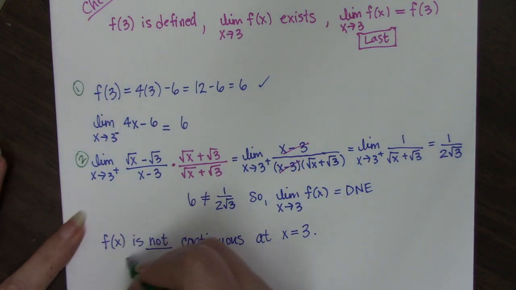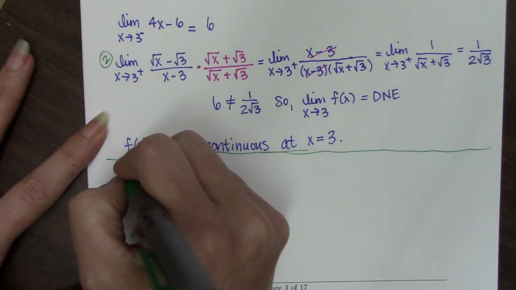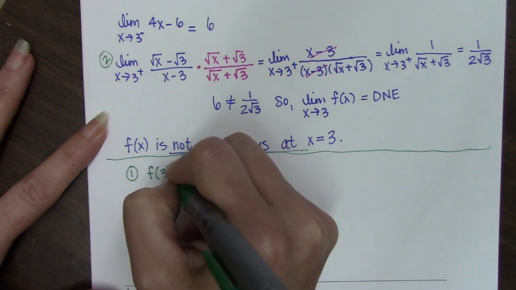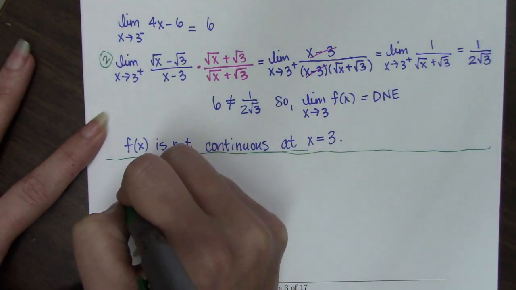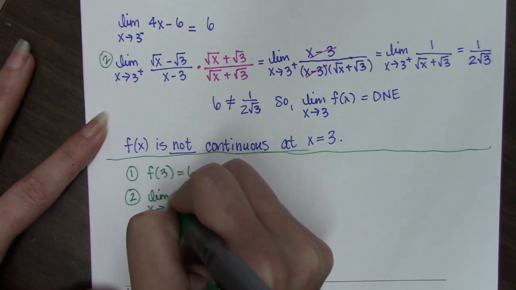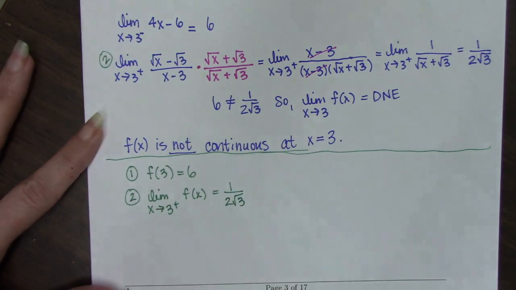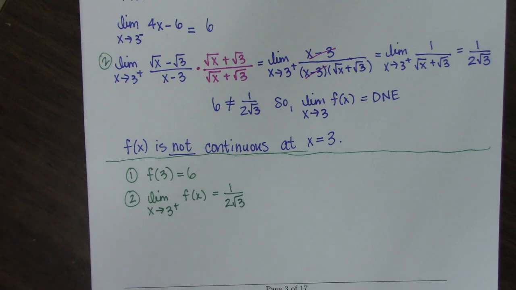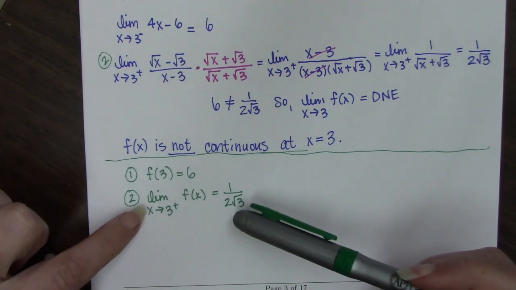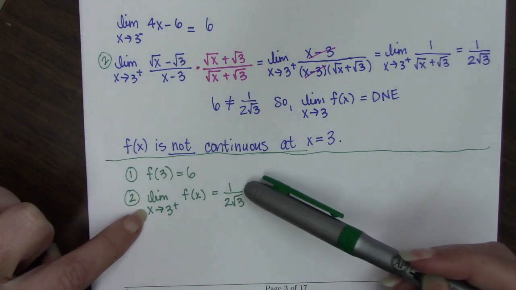So alternatively, what would have happened was step 1 would have said f of 3 equals 6, so it's defined. Step 2 would have yielded that the limit as x approaches 3 from the right of f of x is 1 over 2 root 3. I actually already have enough information to claim the function is not continuous there, because no matter what the left-sided limit equals, the best case scenario, if it exists, is that it's also this value.